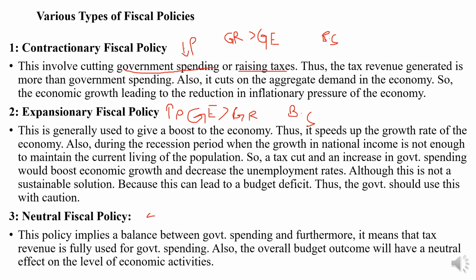So change in government spending is equal to change in taxes. So the overall budget outcome will have neutral effect on the level of economic activity.